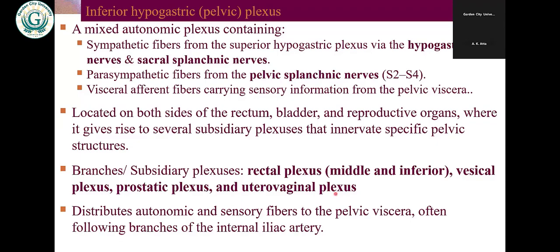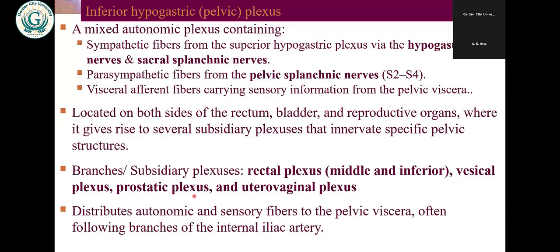In males, we talk about the prostatic plexus. I remember when I was talking about ejaculation, I mentioned the prostatic plexus from which you have the cavernous nerves, those ones that will lead the nitric oxide.